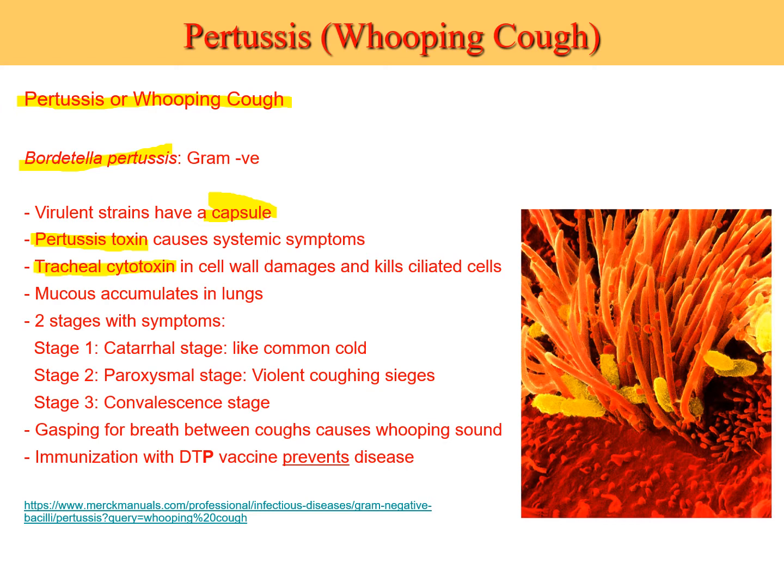What you get in the disease process is an accumulation of mucus in the lungs, and the infected individual goes through 2 stages with symptoms. There are 3 stages, 2 with symptoms.